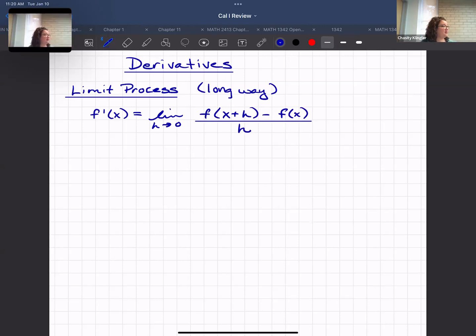There will be one of these on the exam, and it'll probably be a quadratic. Okay. And it'll be, show me, find the derivative by the limit process. That'll be the directions of it. So I know you could probably tell me what this derivative is.